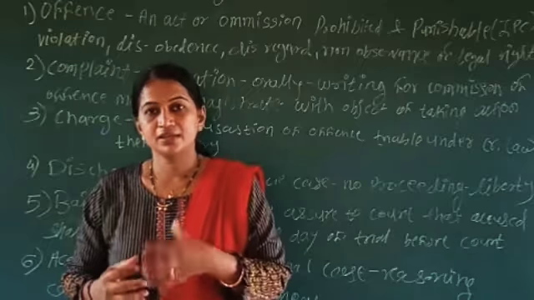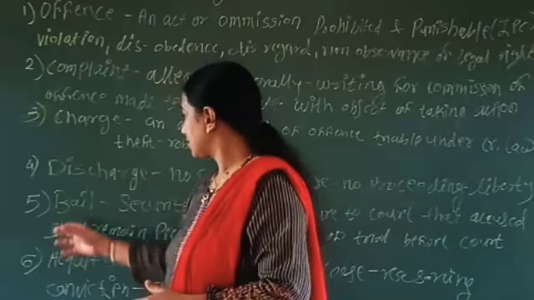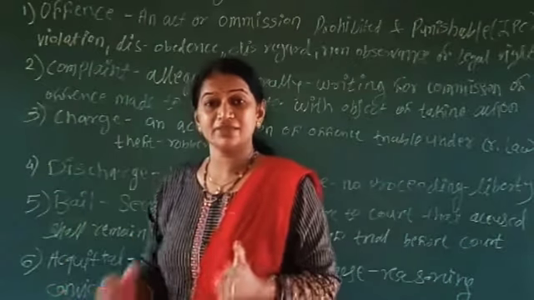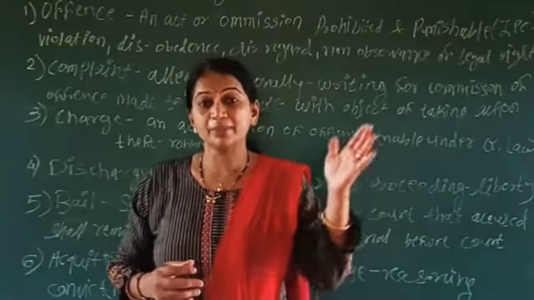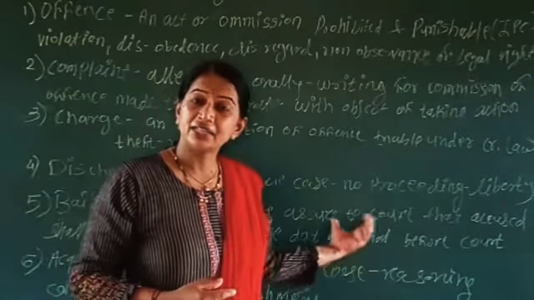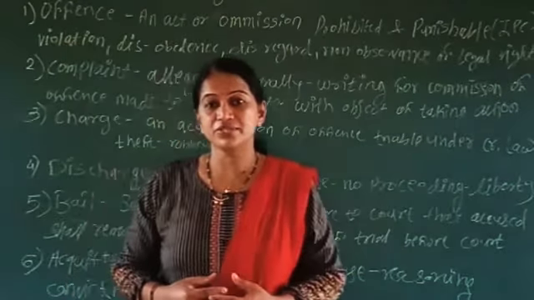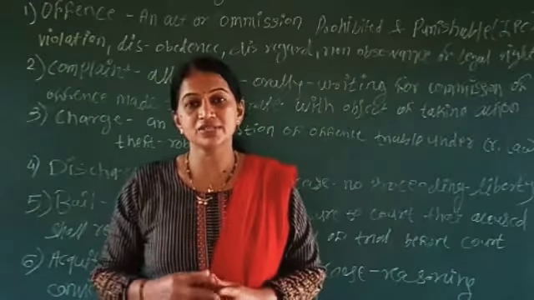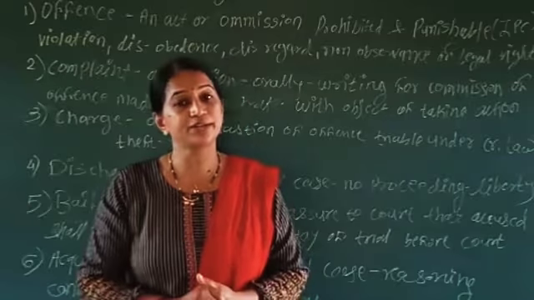If we read the IPC, then we come to know which are the bailable offences and which are the non-bailable offences. Under the Criminal Procedure Code also there is a provision regarding bailable and non-bailable offences. In a bailable offence, bail is a matter of right of an accused person.